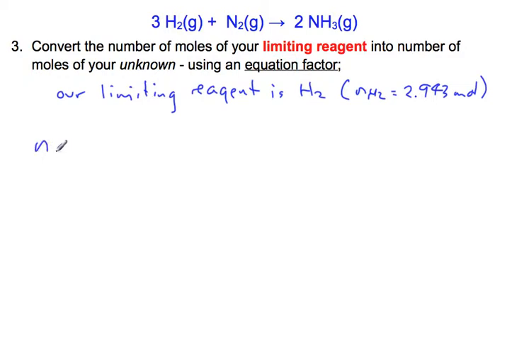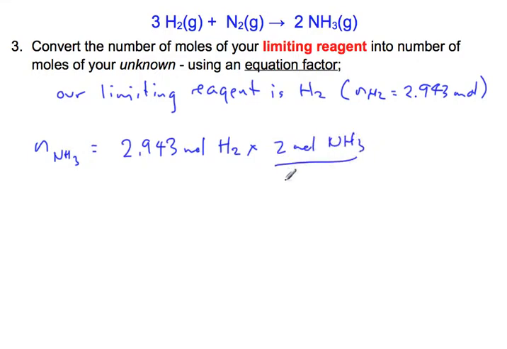So number of moles of ammonia, NH3, equals 2.943 moles of hydrogen, H2, times, we want to be left with ammonia, 2 moles of ammonia, 3 moles of hydrogen.